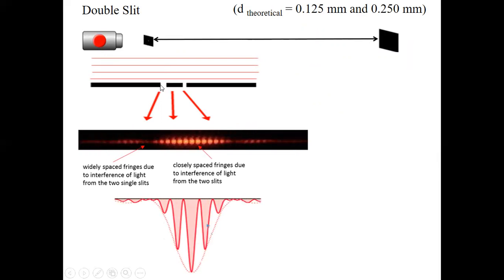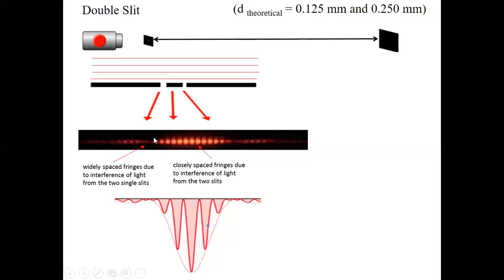When you light up the double slit, interestingly, you will see a different pattern than what you observe for the single slit. Here is a fringe pattern, and then another fringe pattern, so we see envelopes of patterns. Here is one envelope, here is the second one, and another, the third one. This is called the central fringe, and here we see closely spaced fringes. That is due to the interference of light from the two slits.